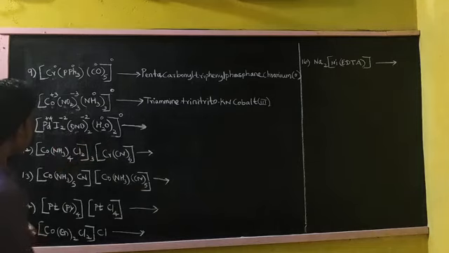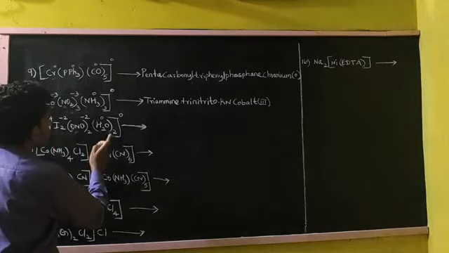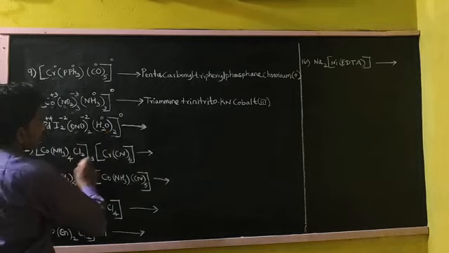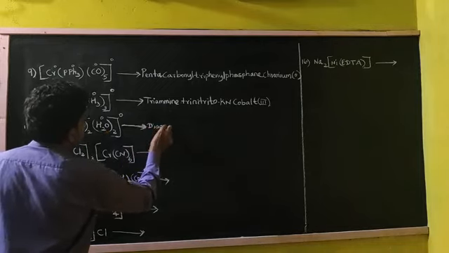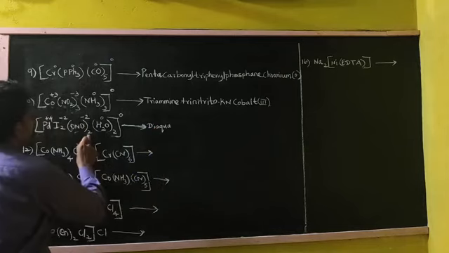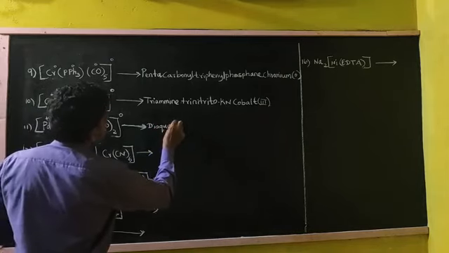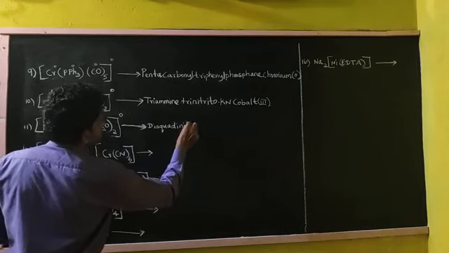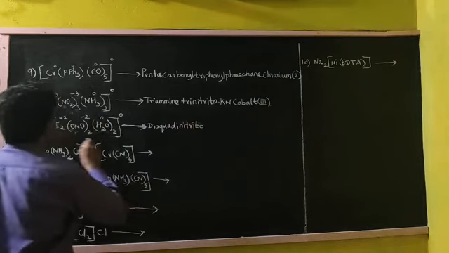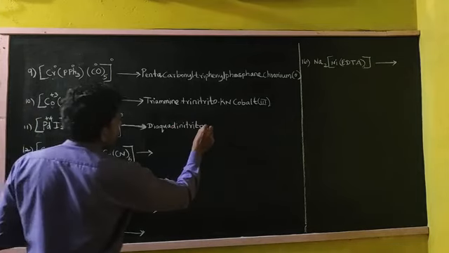So how to write the IUPAC name? We will see. According to alphabetical order, aqua will come first. So diaqua, then dinitrito. The nitrito is an ambidentate ligand, so we can mention it.